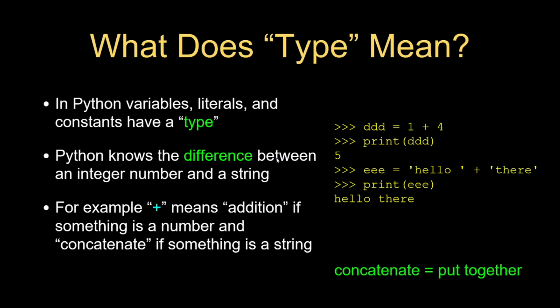type, or we could call this data type. In Python, variables, literals, and constants have a type. What kind of data are they? So Python knows the difference between an integer number and a string. Earlier we discussed how different data has different types.